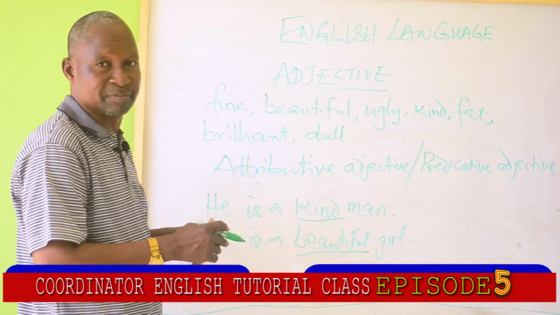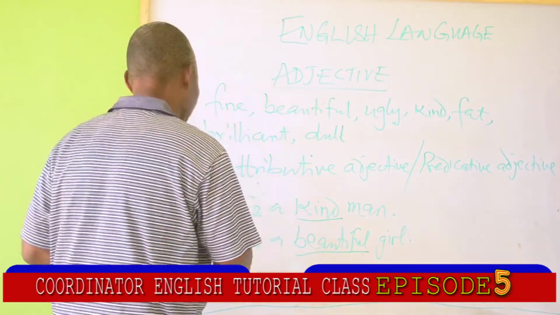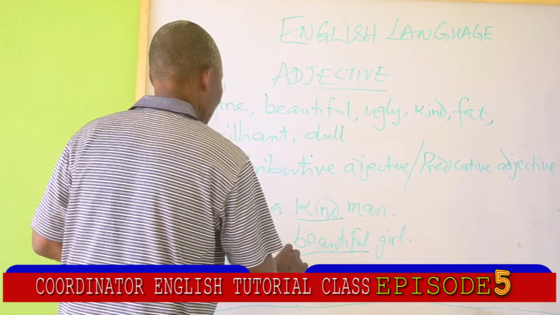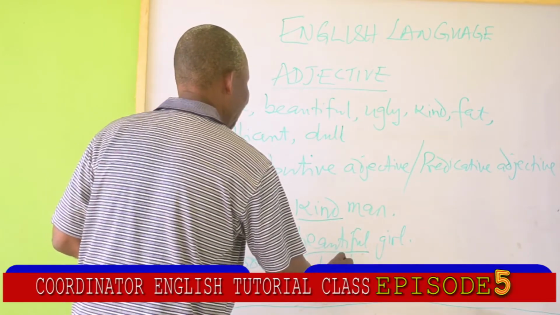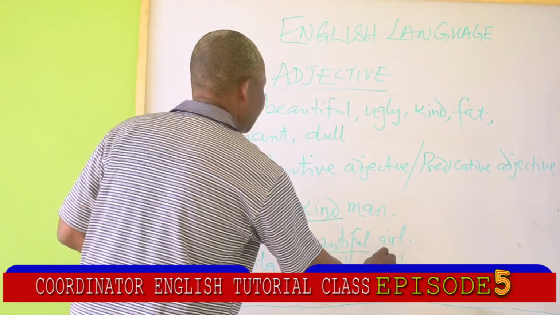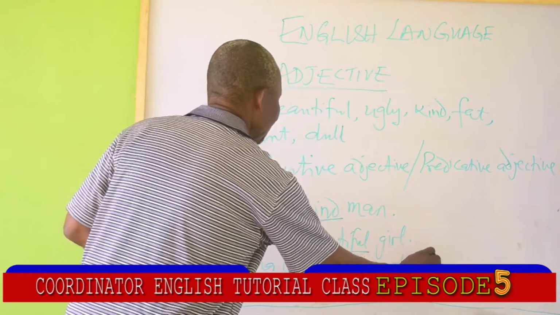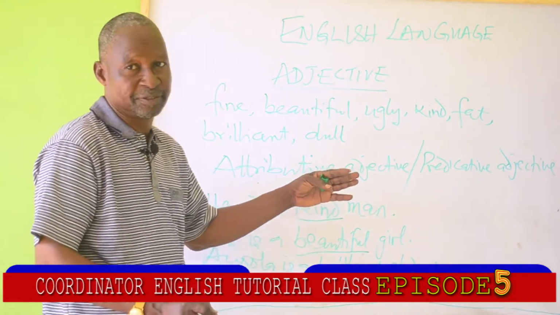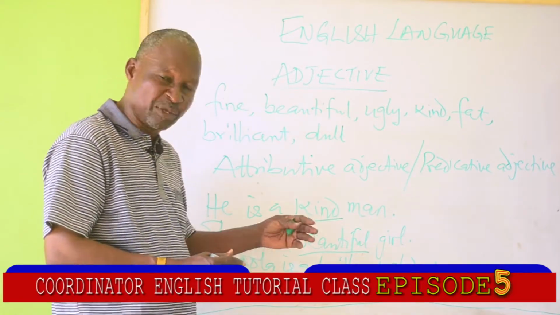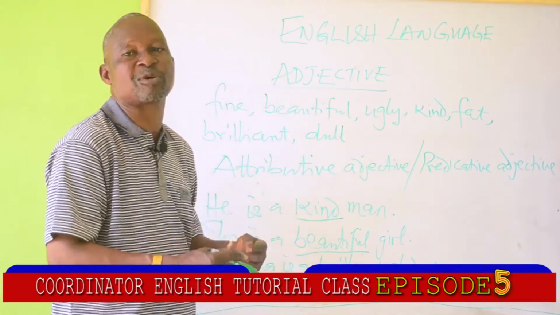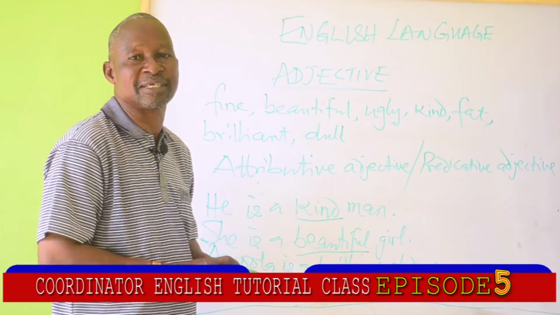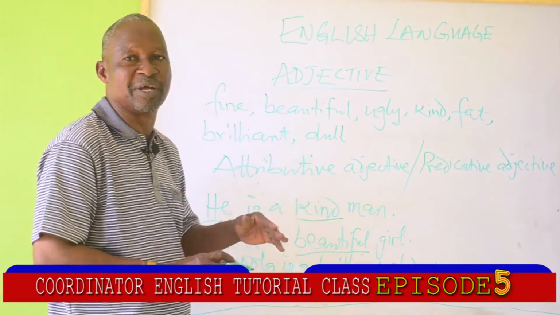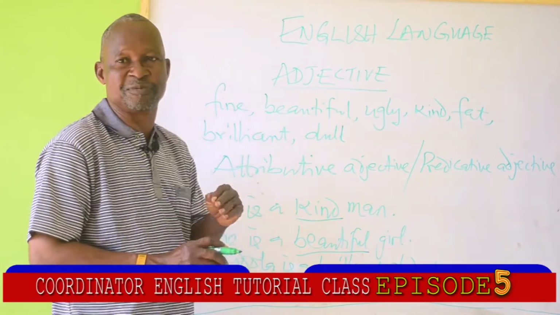And lastly, as an example, Ayola is a brilliant student. Brilliant qualifies noun student, and you will discover that it comes before noun student in this example. These are examples of attributive adjectives.